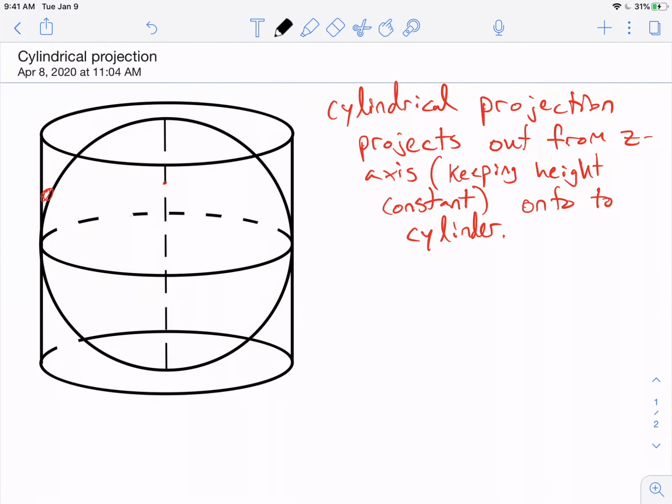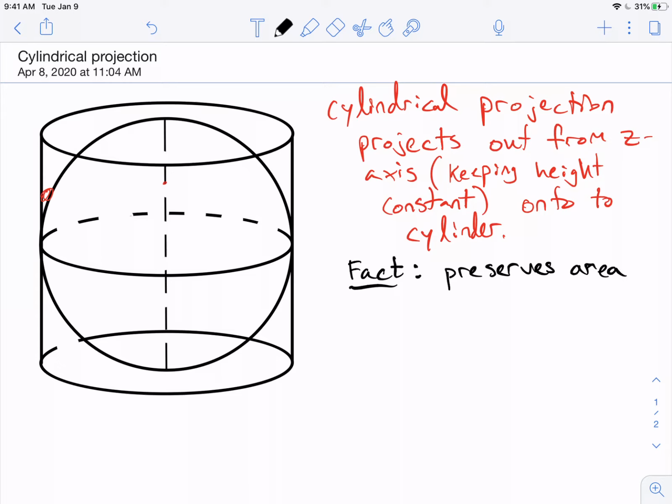And the kind of surprising fact, which you're going to prove about this projection, is that it preserves area. Which is, again, a really nice property to have in a map. So the area of South America on the map is exactly equal to the area of South America on the sphere.